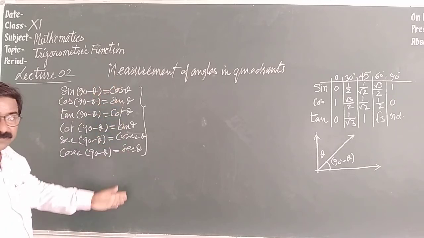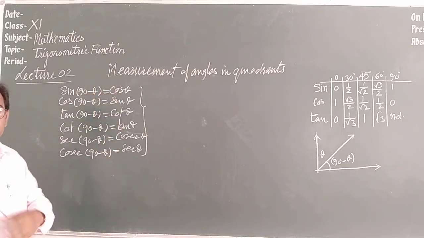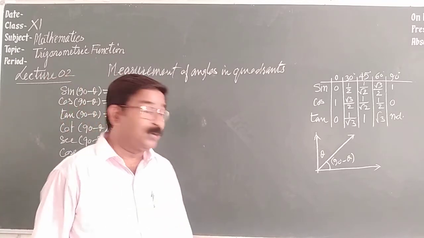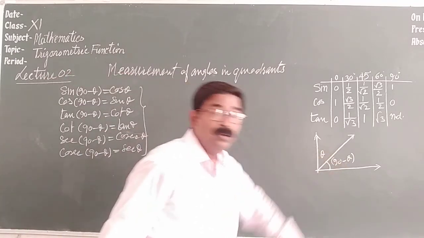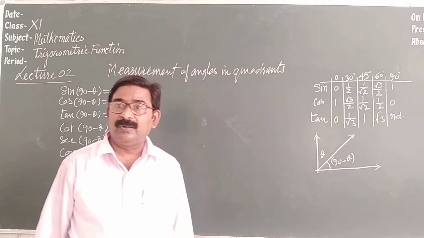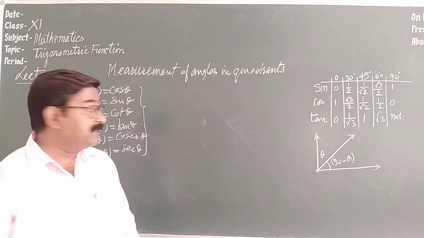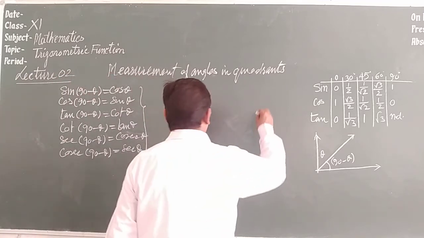All are positive. See, nowhere minus sign, nowhere minus sign. All are positive because it is found in first quadrant. But try to understand, I am giving the idea.